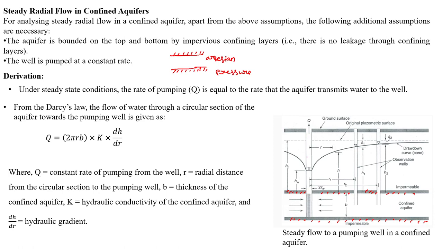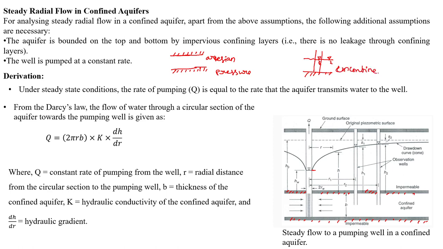If you insert a well, as you insert it, the water level rises above the aquifer level because of the artesian pressure. If you dig a similar well in an unconfined aquifer, the water level will be equal to the surrounding level.